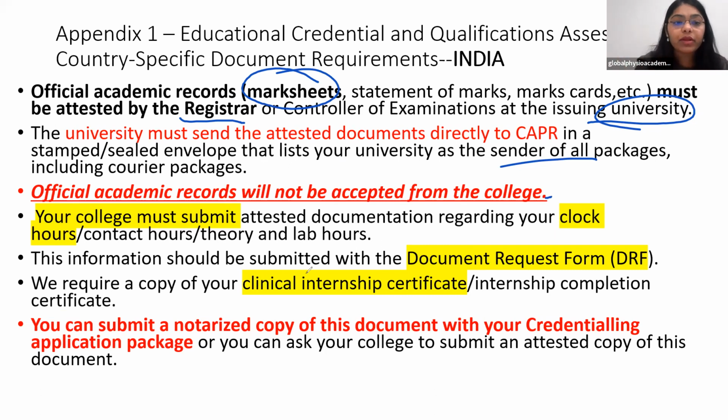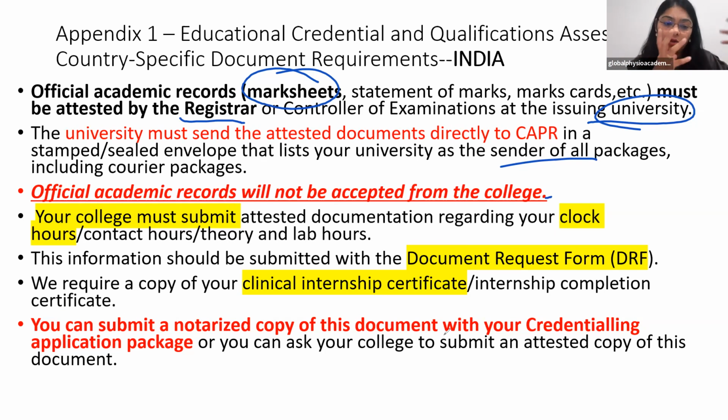Your college must submit attested documentation regarding your clock hours. So that is your hours document request form and clinical internship certificate. You can submit a notarized copy of this document, like the internship certificate, in your application package. The internship certificate varies.